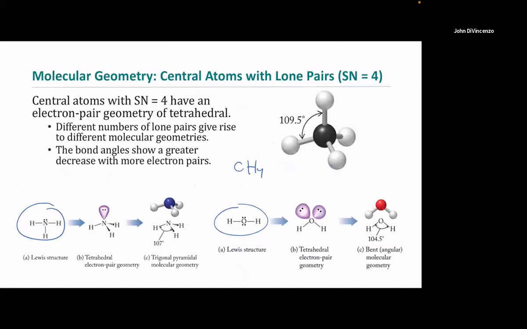So this is all steric number 4, but now you've got 2 additional shapes, depending on whether you have bonded or non-bonded pairs.